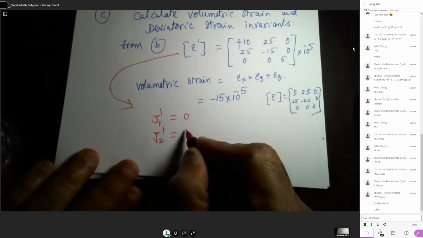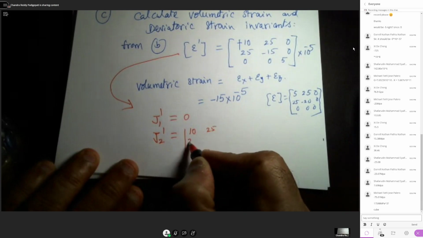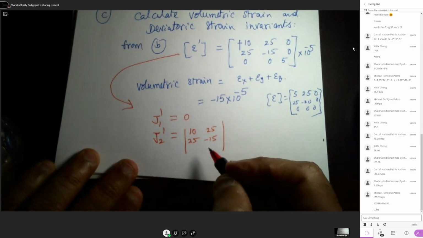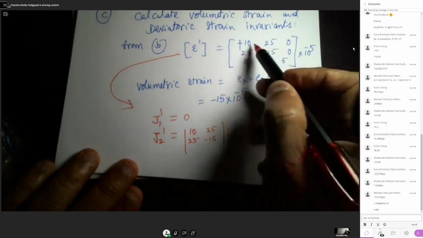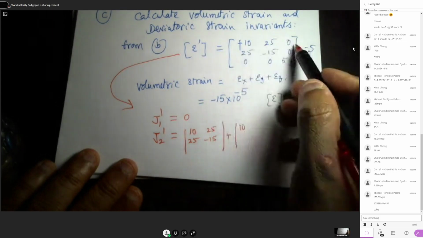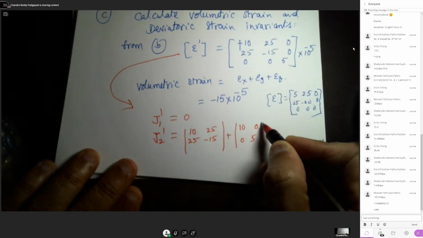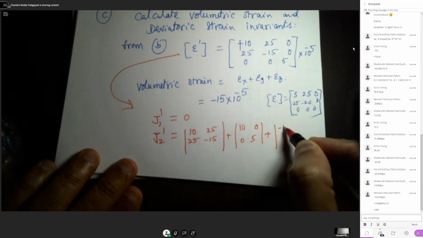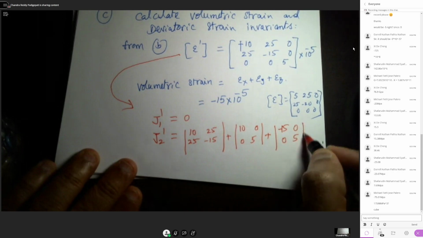From this, you need to write the three determinants: 10, 25; 25, negative 15, plus 10, 0; 0, 5, then plus this part, negative 15, 0; 0, 5.